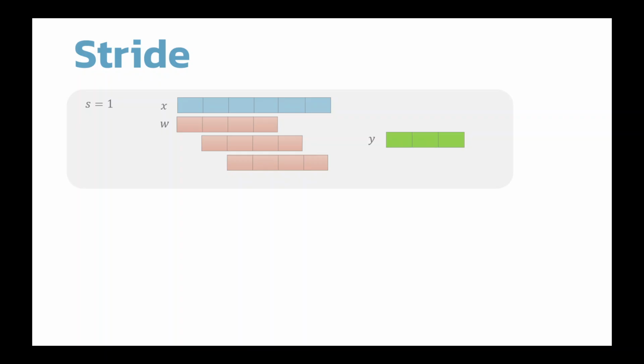Okay. And the next concept that we need to know is called stride. Stride means that when you slide your W vector or kernel, you slide depending on how many steps you want, like how many blocks you are going to skip. If you have stride s equal to 1, that means that you don't skip any blocks at all.